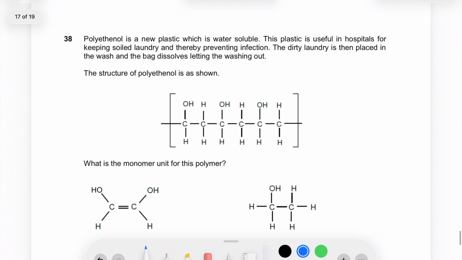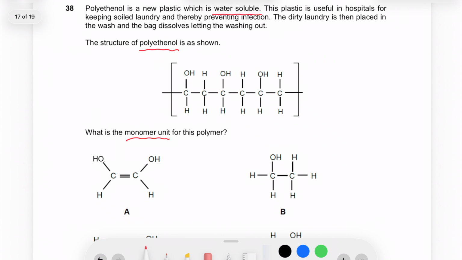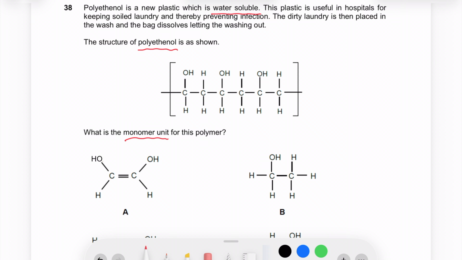Question 38. Okay, so it's a new plastic. It's water soluble. It's useful in hospitals in keeping soil, laundry, and preventing infection. Okay, so this is the structure of this polyethenol. So what is the monomer unit? In order to get a monomer unit, you must chop it up to get back your repeating unit. So if you see carefully, this is where you're going to chop.